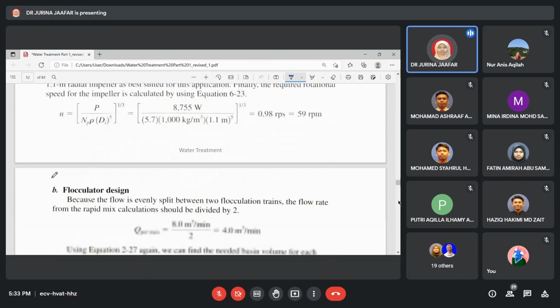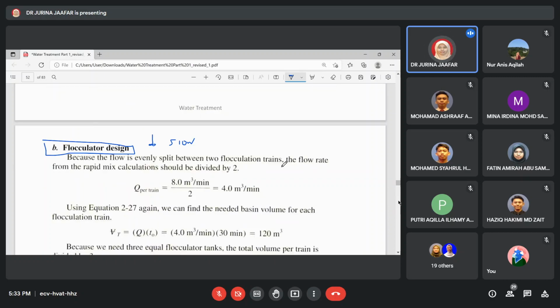And then section B, you will study the flocculation design. Flocculation design is the slow mixing. Next class I want to ask what is the difference between the coagulation process and the flocculation process. So this is slow in terms of mixing, it is slower. Of course the time taken is longer, about 30 minutes.